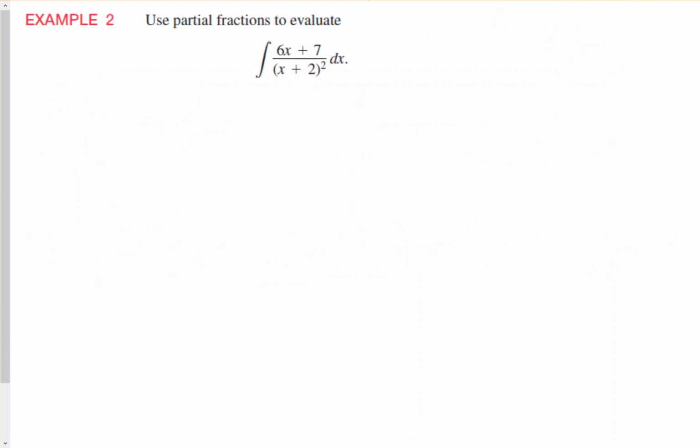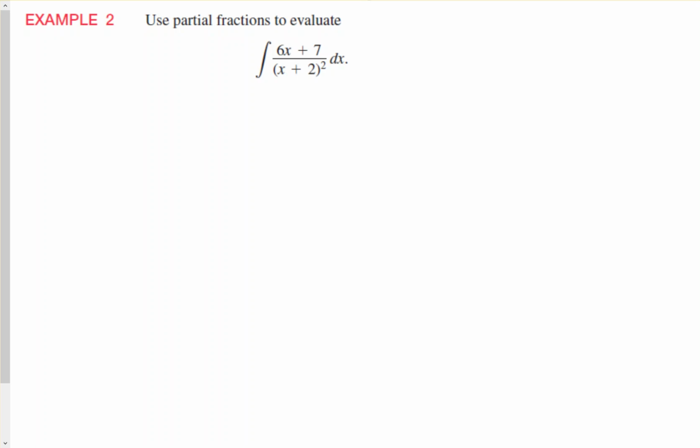Use partial fractions to evaluate this one. Okay, so we have 6x plus 7 over, and then the bottom is basically in factored form. It's x plus 2, the quantity squared.